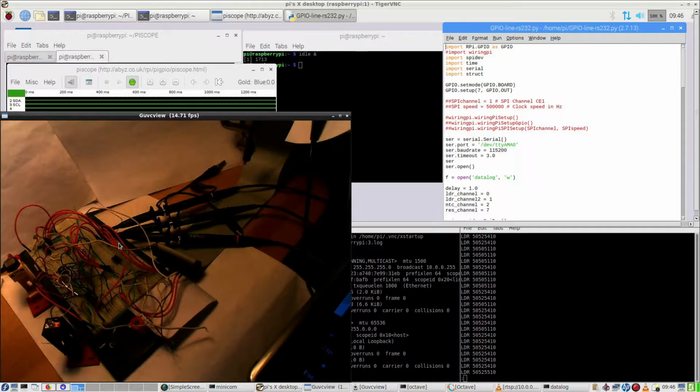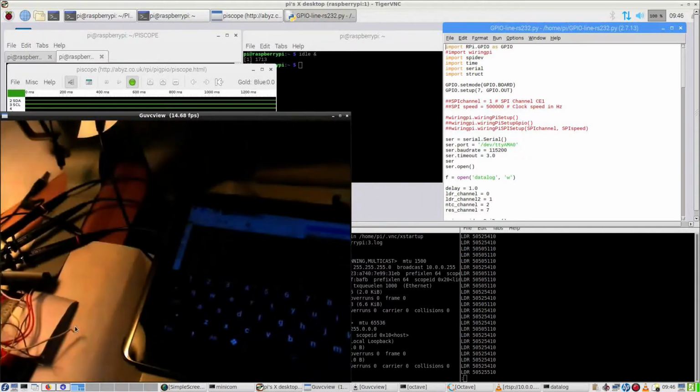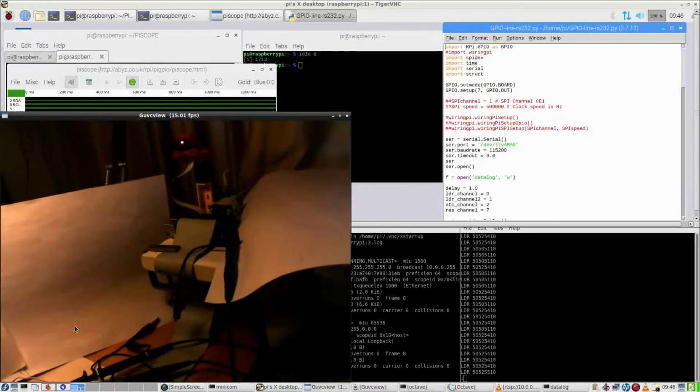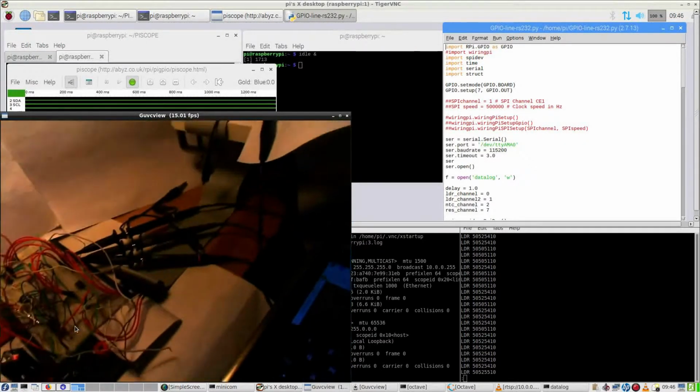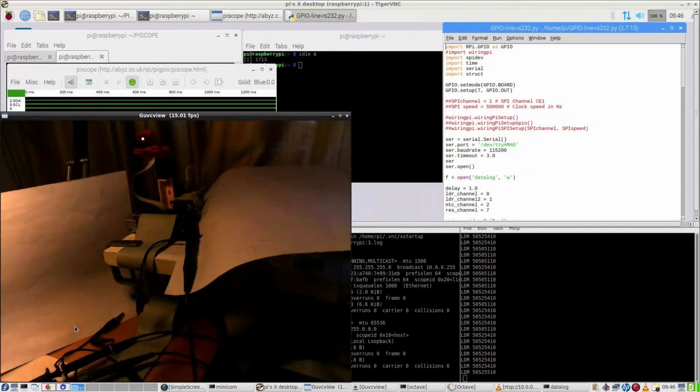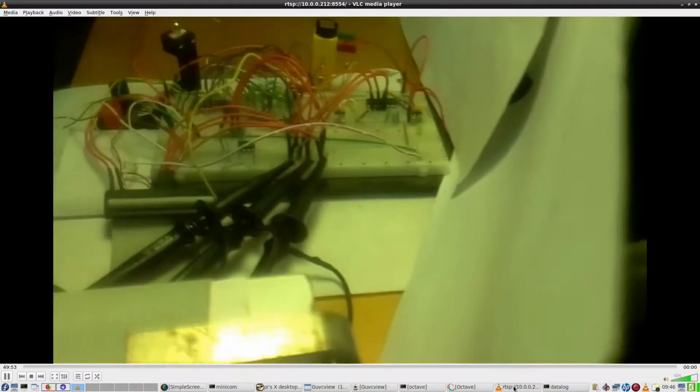Alright, software side, camera, and I can point it, of course, to the various things. And by the way, this red LED you see right here is the Raspberry Pi camera. No software running, so let's do that first.